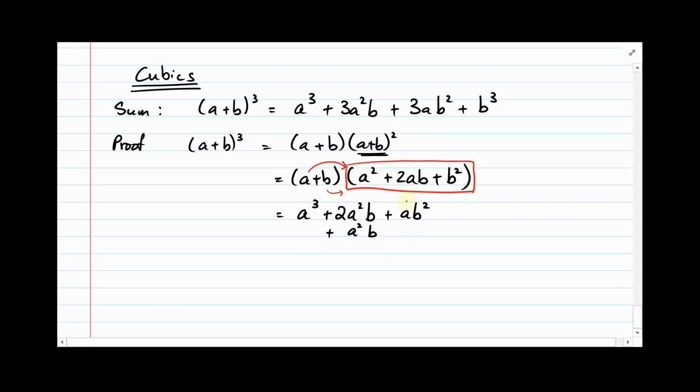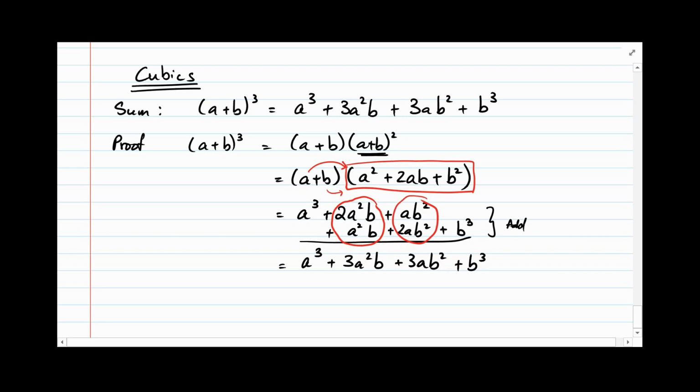B times the middle term would be 2ab squared, and then with the last term it would be b cubed. Let's add everything together, and what do we end up with? We have a cube. Like terms here, I'll combine. Those are like terms which I'll combine. And so I end up with exactly what we had at the top.